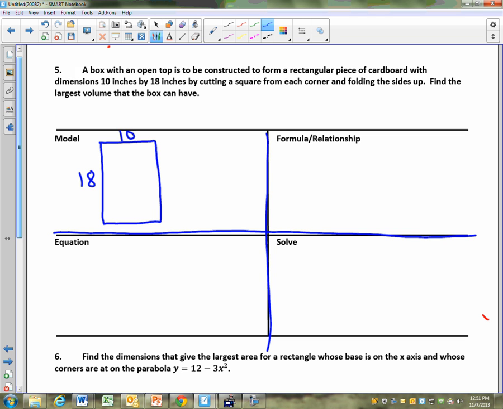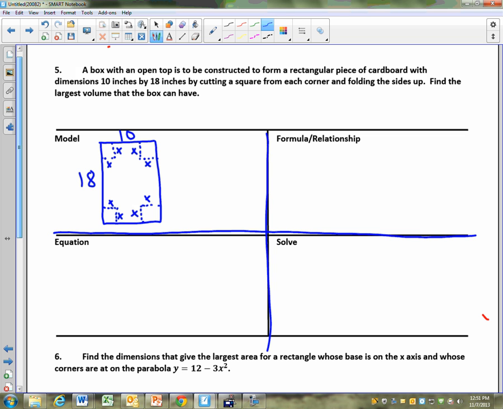So what should you draw now? Cuts on the corners. What should we call those cuts? What do they measure? Say they're x by x, okay? I'm going to cut them, and I'm going to fold it up. I want to find the largest volume that the box can have.